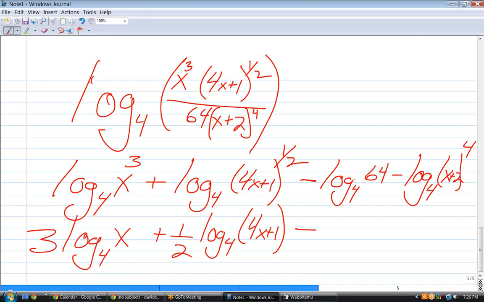Minus, what is log base 4 of 64 equal to? 3. Minus, bring the exponent down in front, so that's fully expanded.